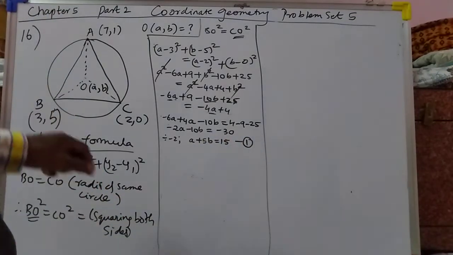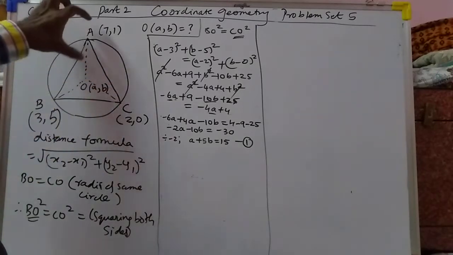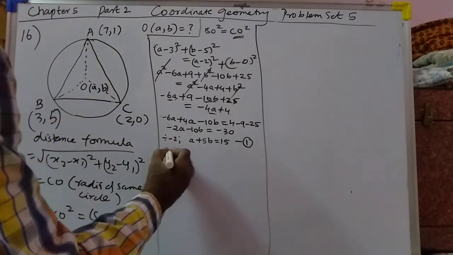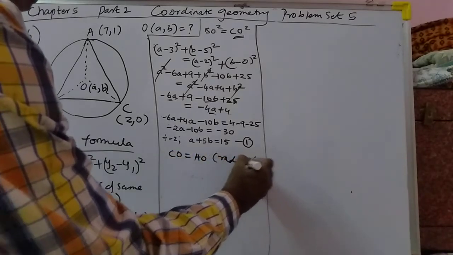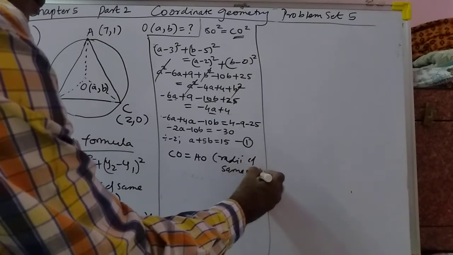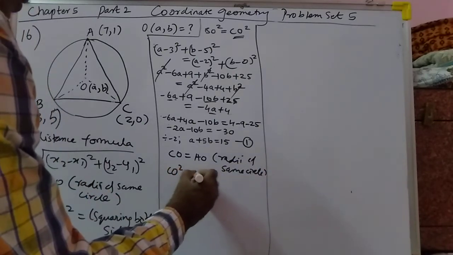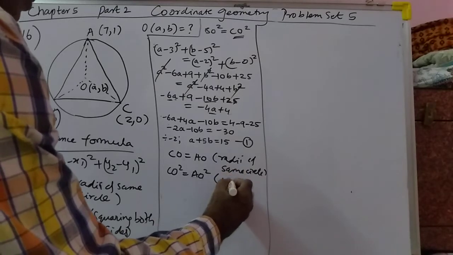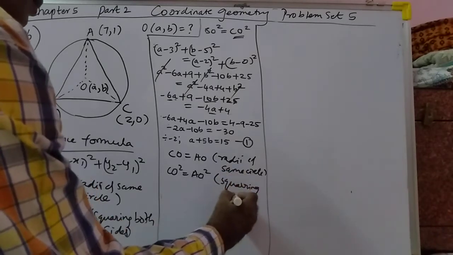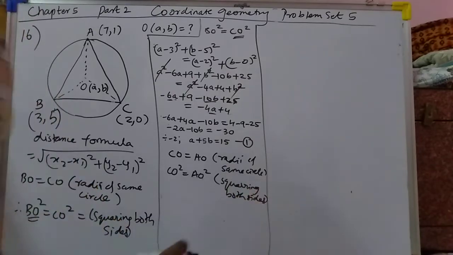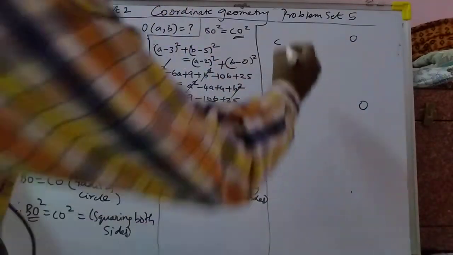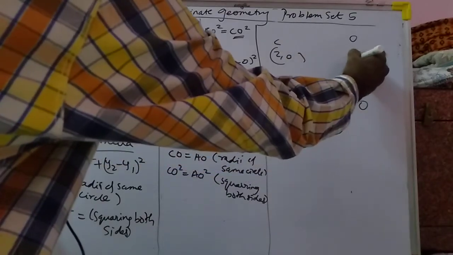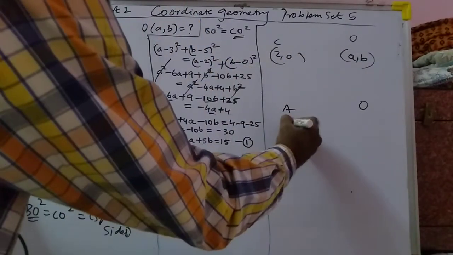Now let us calculate for CO and AO. CO is equal to AO, radii of same circle, and squaring both sides, CO square is equal to AO square. C is 2 and 0, and A is 7 and 1.